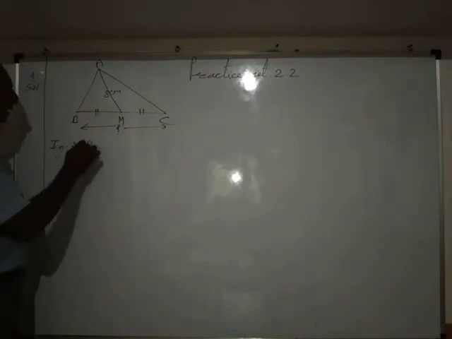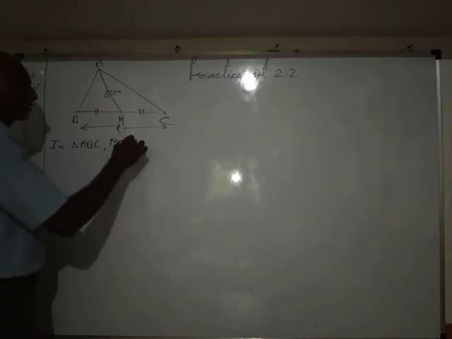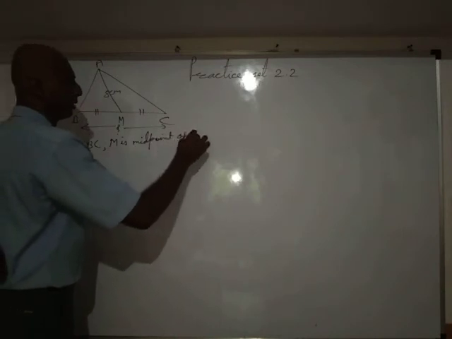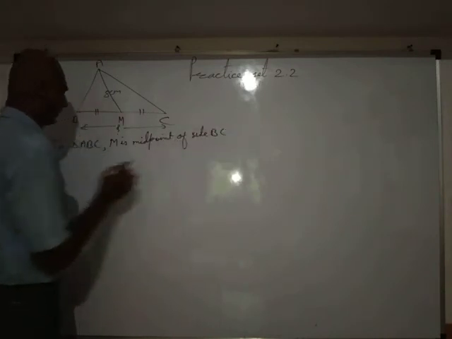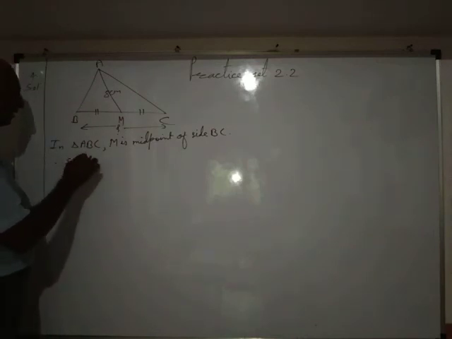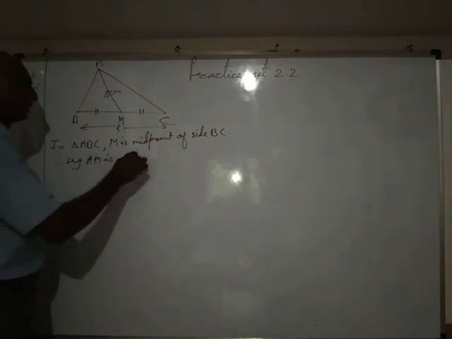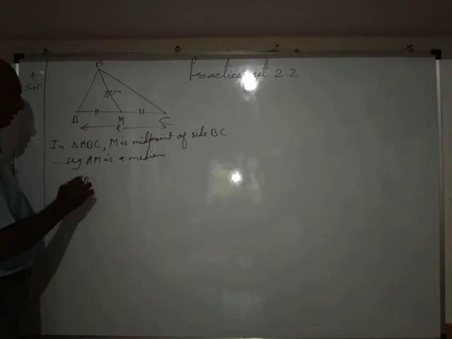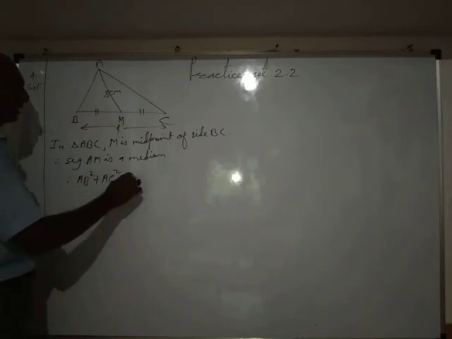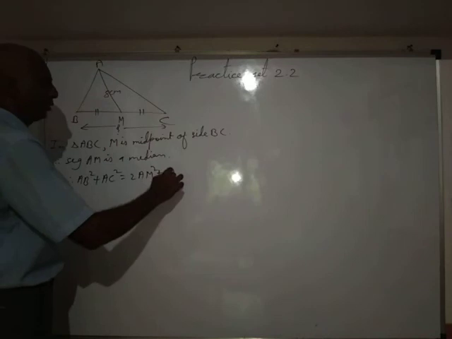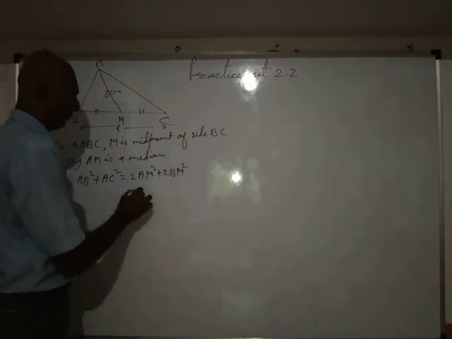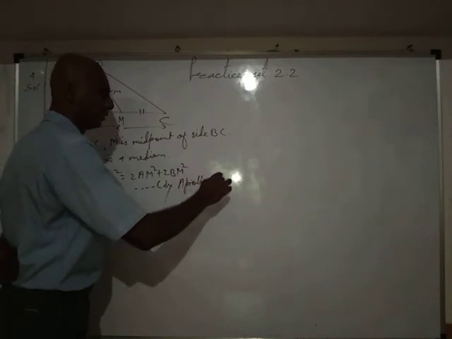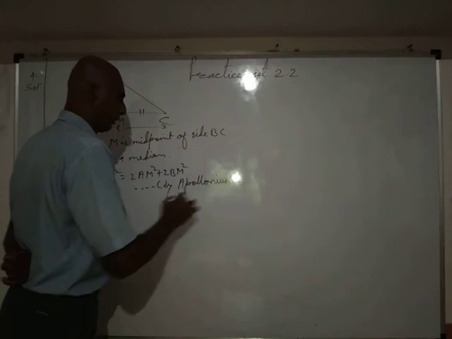In triangle ABC, M is the midpoint of side BC, and therefore seg AM is a median, and therefore AB square plus AC square equals 2AM square plus 2BM square by Apollonius theorem.